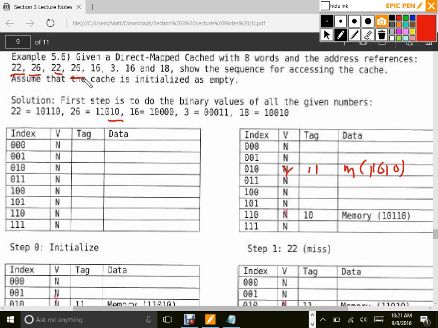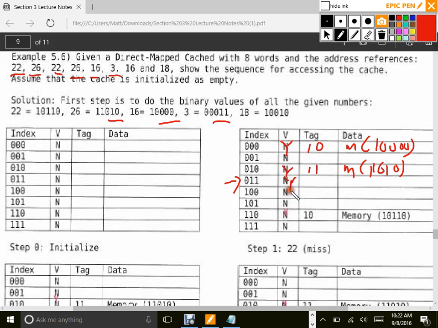Then we have 16. Index is 000. We would do 10. Change it to yes. And then memory of 10000. And then 3 is 011. We look at 011.